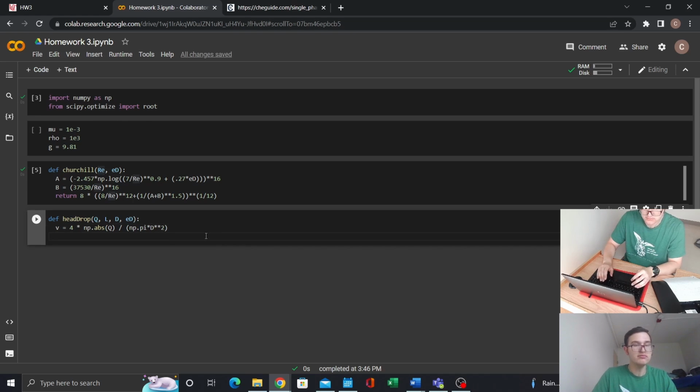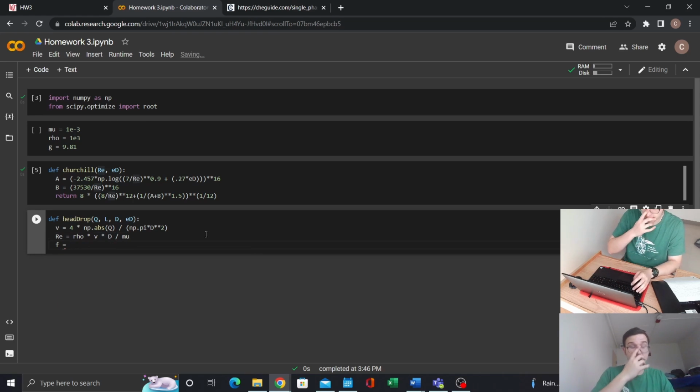Good. We also want to find the Reynolds number, and the Reynolds number is just rho V d over mu: the density multiplied by the velocity multiplied by the diameter divided by the viscosity.